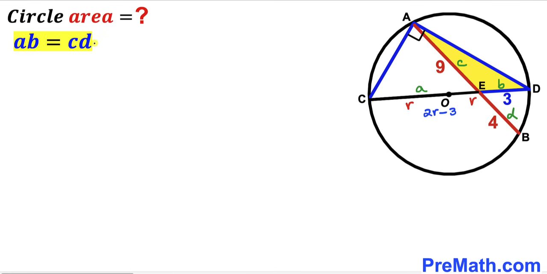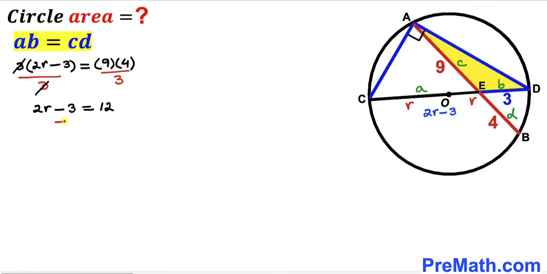So let's go ahead and fill in the blanks in this equation. Our a times b is going to be 3 times (2r minus 3), which is going to be equal to 9 times 4. And now I am going to divide both sides by 3. And here we can see 3 and 3 are gone. So therefore the left hand side is going to become 2r minus 3 equals, if we reduce and multiply the right hand side, 12.